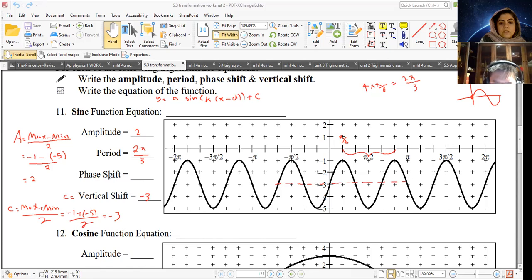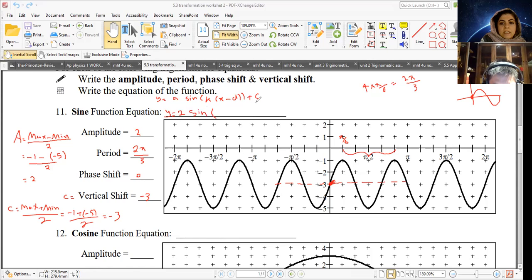Now, if I want to do the phase shift, see, this is my starting point. It exactly started at my y-axis. So there is no horizontal phase shift, so it's 0. If there was a distance between this and the y-axis, that would be the phase shift. Now I'm going to do that. We got it to be 2 sine.